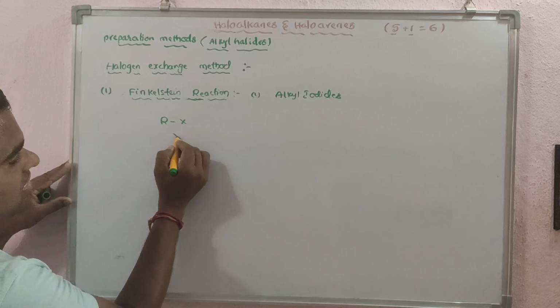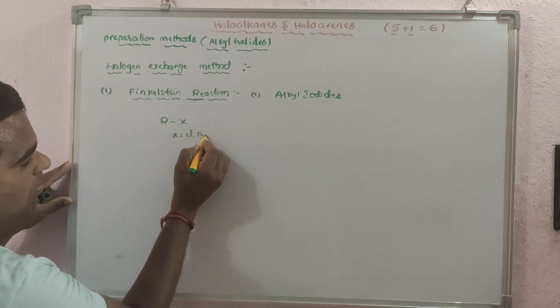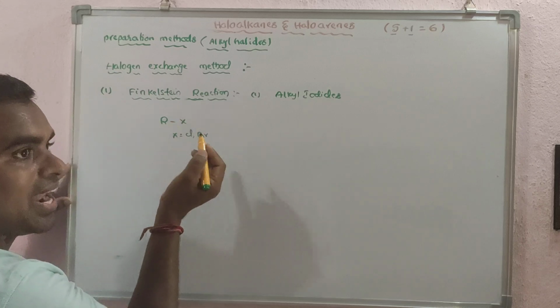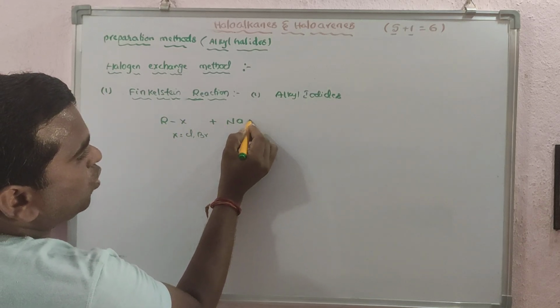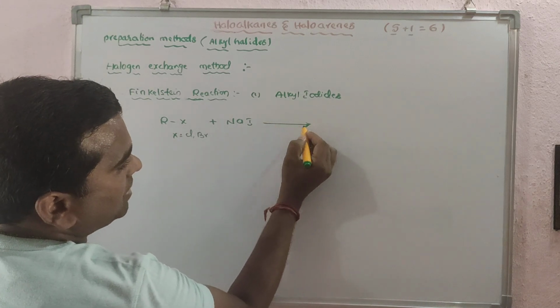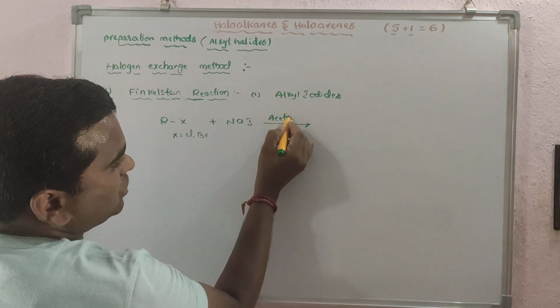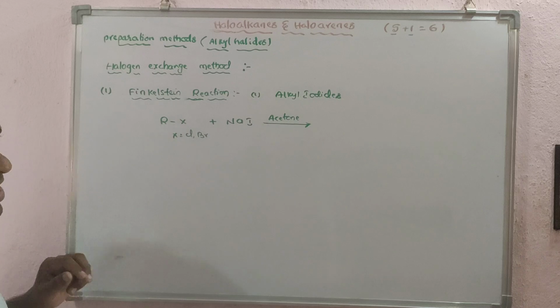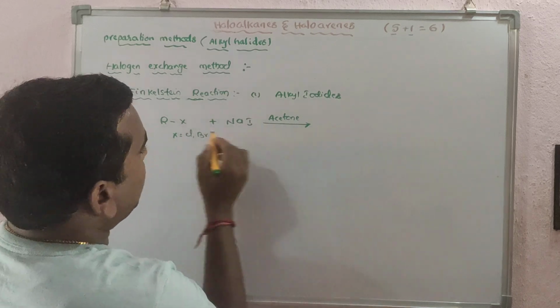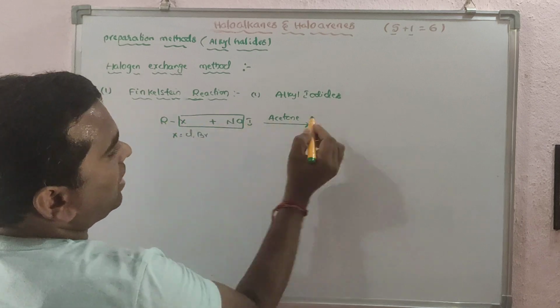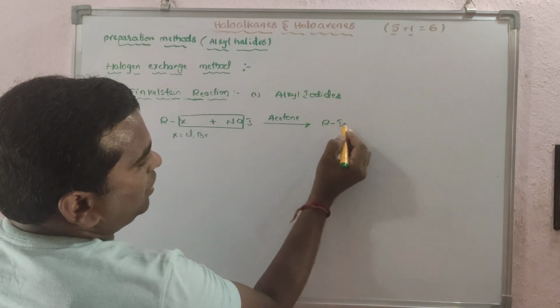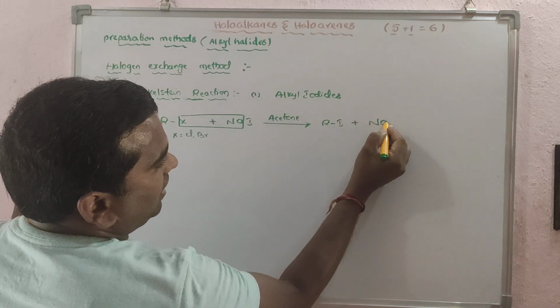Alkyl halides R-X, where X is equal to chlorine or bromine. Alkyl chlorides or alkyl bromides are treated with sodium iodide in presence of dry acetone, and it gives, simply, remove the X and attach the iodine to the alkyl group, then you will get the NaX.